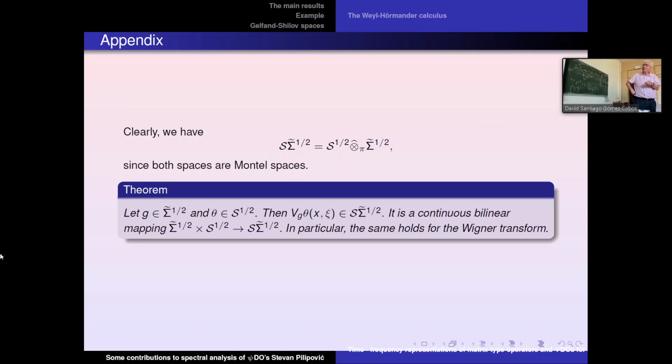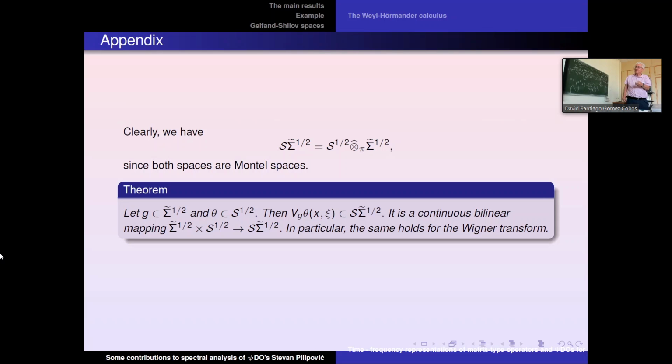And I will finish with this. G is in that space, and theta is in that space. This is just something which was needed for this relation. What is the short time Fourier transform of that quantity?